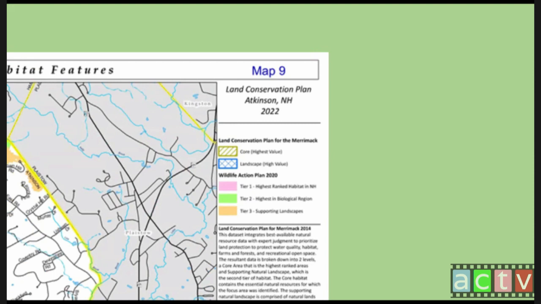This data includes both habitat considerations along with water quality and recreational considerations, and thus is a broader indicator than just habitat. The solid colors in this map are based on data from the more recent and more familiar Wildlife Action Plan completed by New Hampshire Fish and Game, and reflects data that was last updated in 2020.